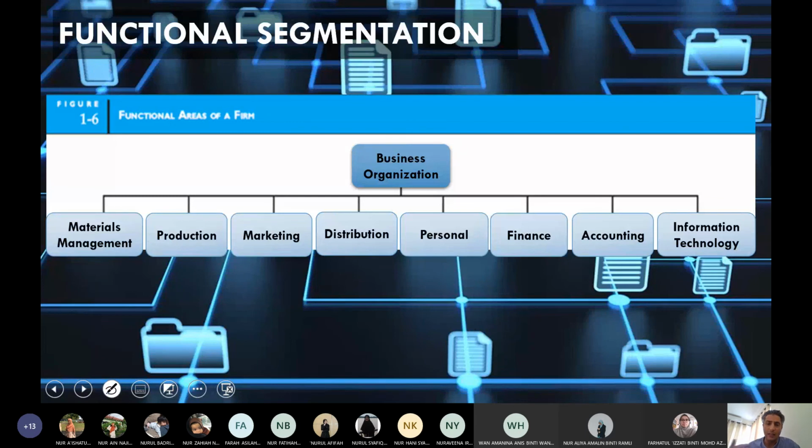But in the end, they need to be integrated and interrelated to each other. So here we have material management, production, marketing, distribution, personnel, meaning human resource, finance, accounting, and information technology function or segment.